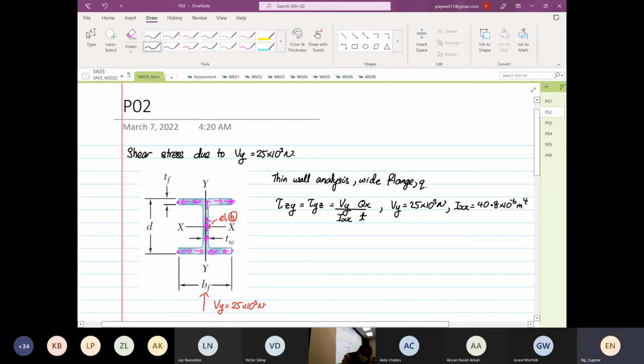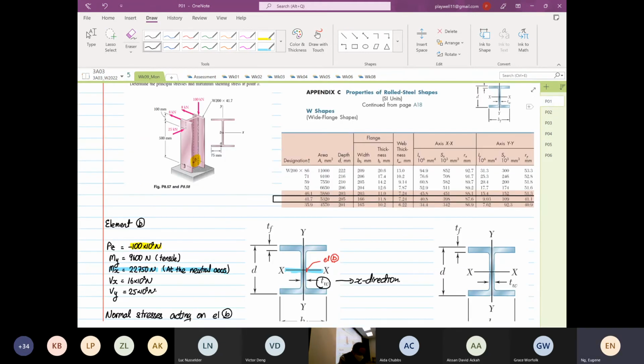And then we have our thickness, the thickness of the web, is 7.24.